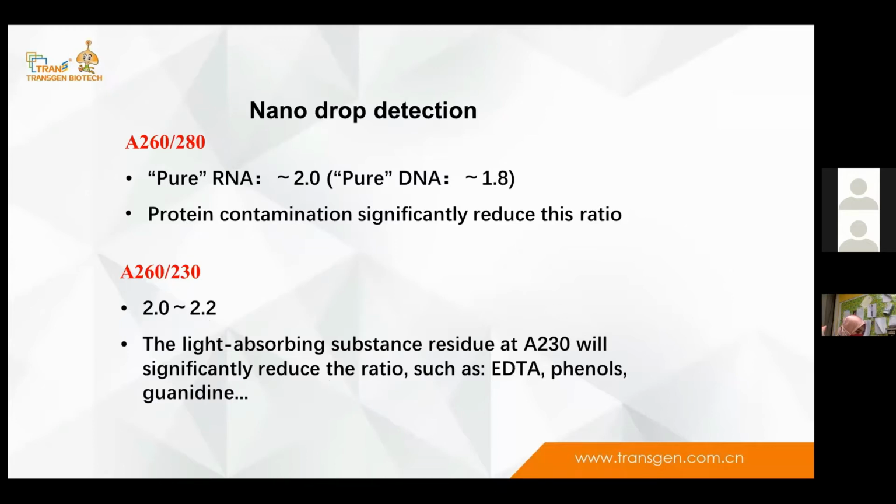All of these ratios indicate impurities in the RNA, and these impurities may become inhibitors during the RT or PCR systems.